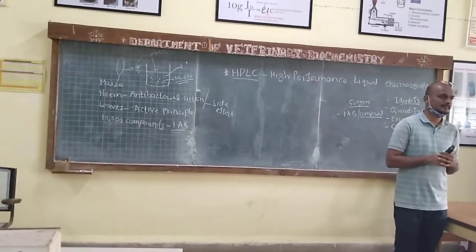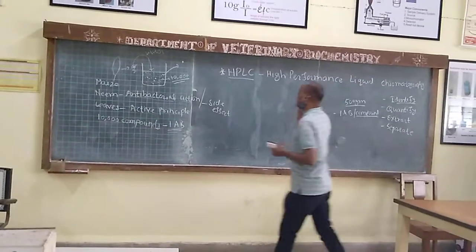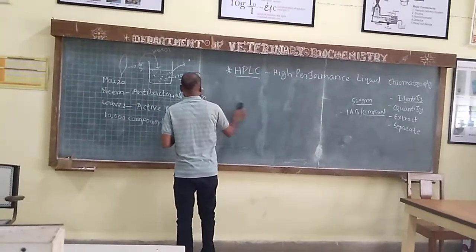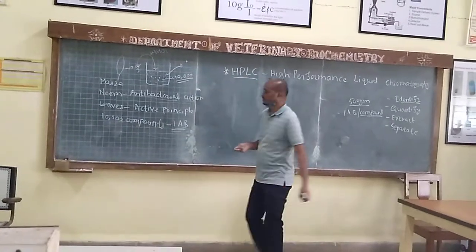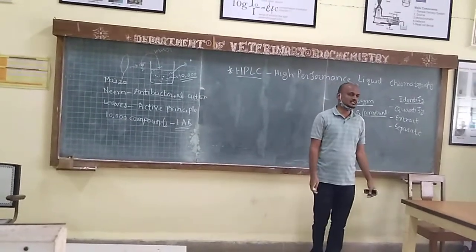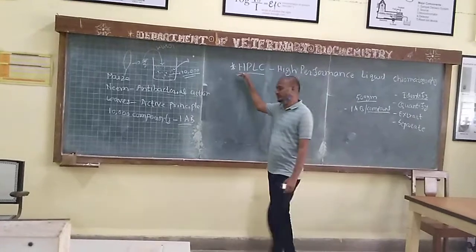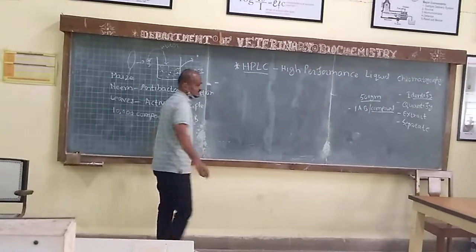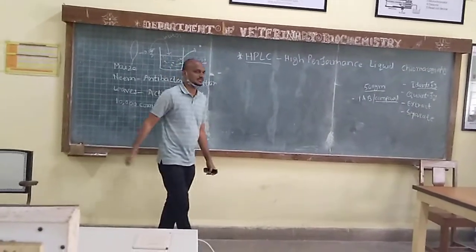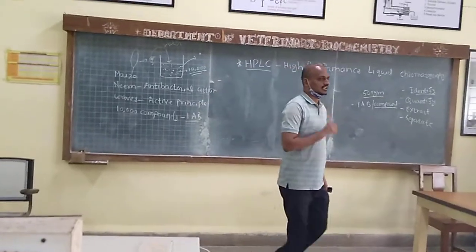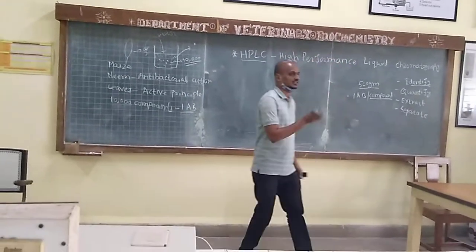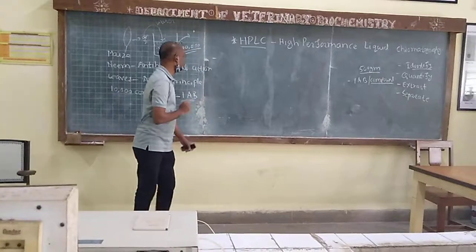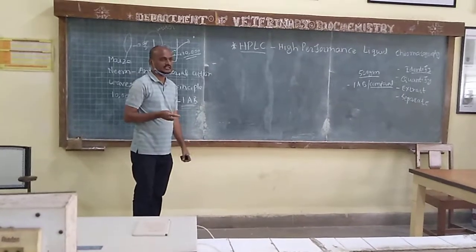So any rough idea how from chromatography we can do that? Principle of chromatography. HPLC equipment is there, right? So when we say HPLC, what words come to your mind? HPLC equipment related. One word used there. You have already given a seminar on HPLC. Okay. So what words come to your mind?